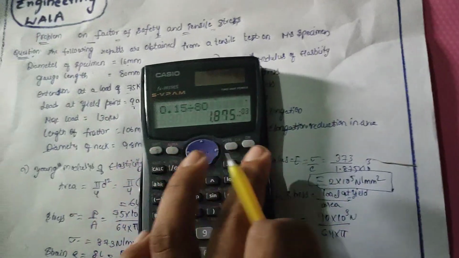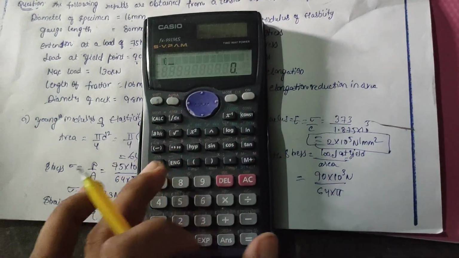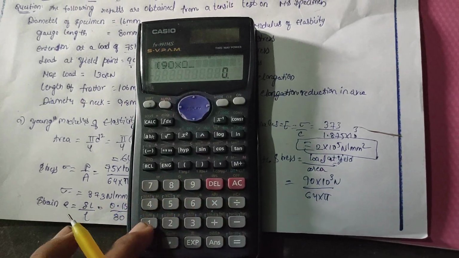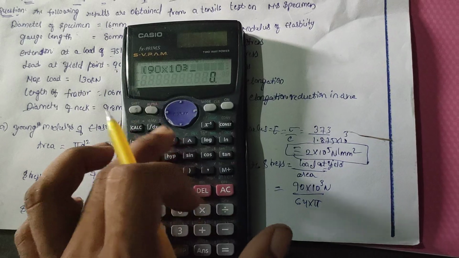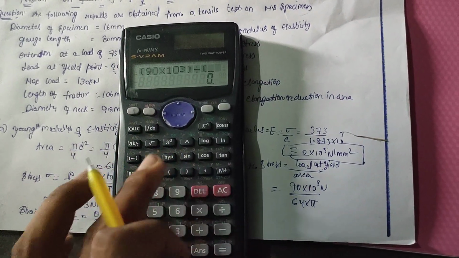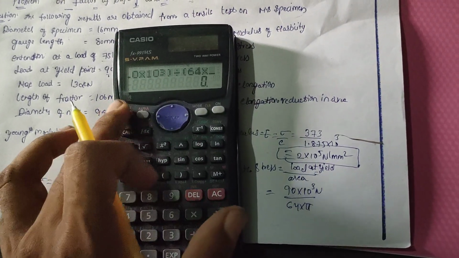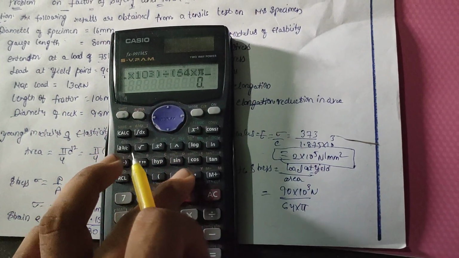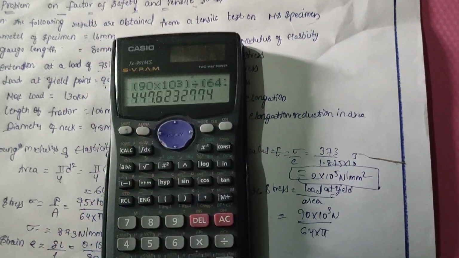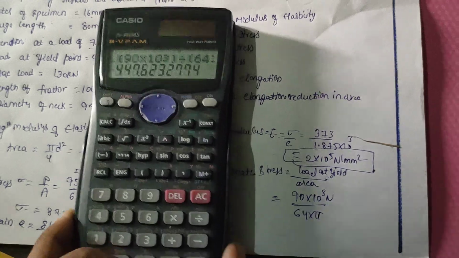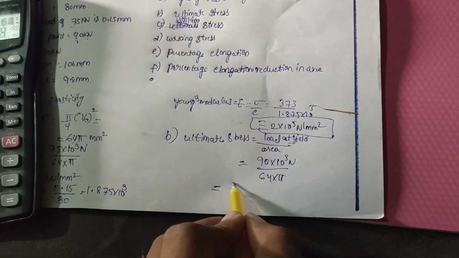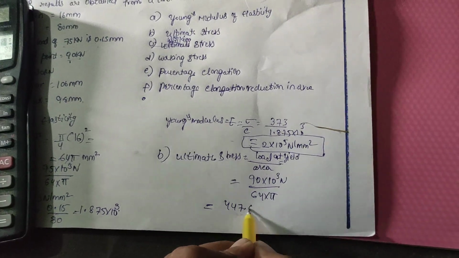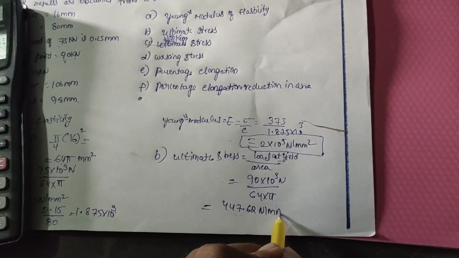So we calculate 90 into 10 cube by 64 into pi, and we will get the value 447.623. So ultimate stress is equal to 447.62 Newton per mm square.